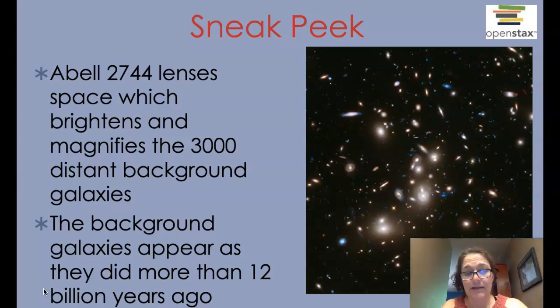What they are is about 12 billion light years away. The light from those galaxies gets lensed by Abell 2744. We'll talk about how this happens. And so they actually appear brighter than they should because more light is arriving at us. But they are 12 billion years old.